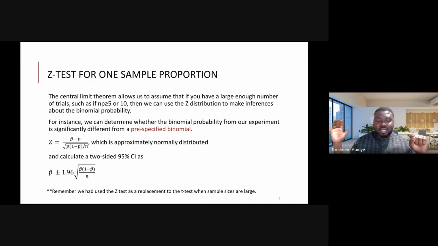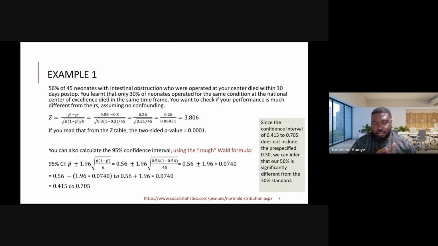Maybe that standard might be a reference, and we'll take a number of examples to illustrate this point. In much the same way, we can obtain a p-value, and we can also use the confidence interval. So let me take an example, and maybe it can help you understand what we're trying to do here.